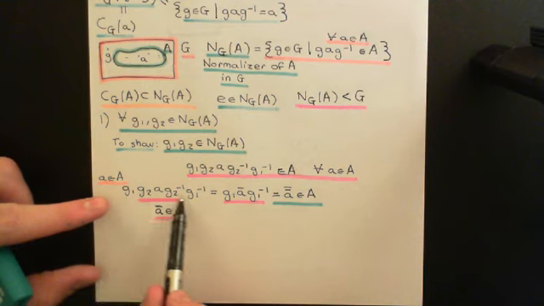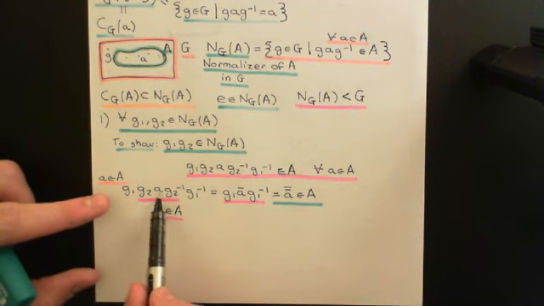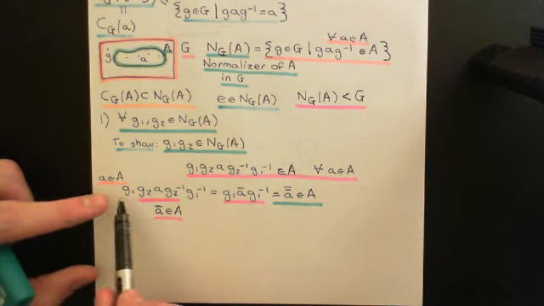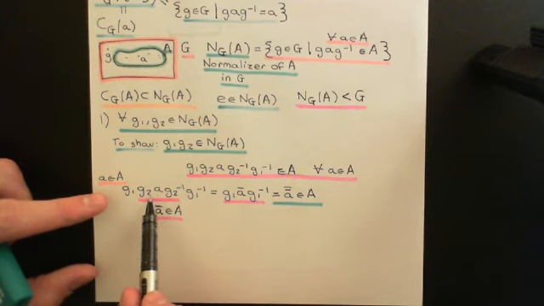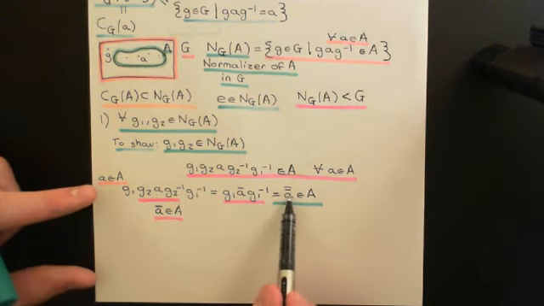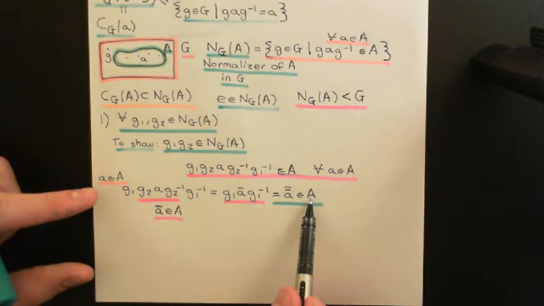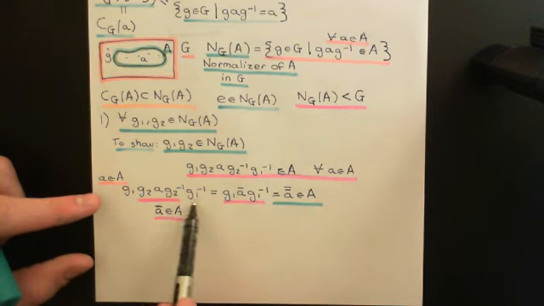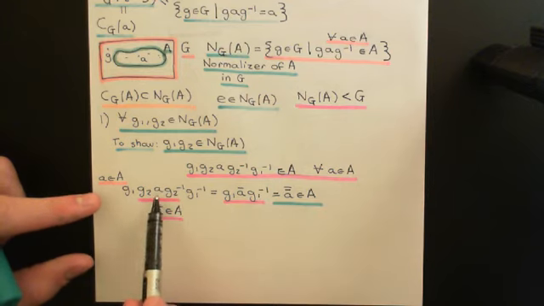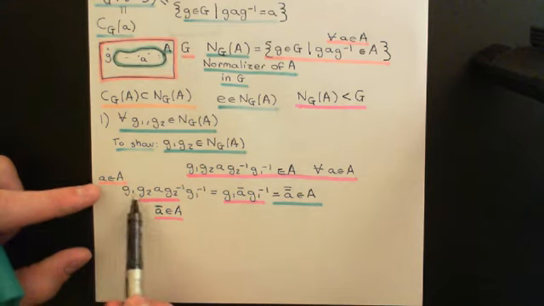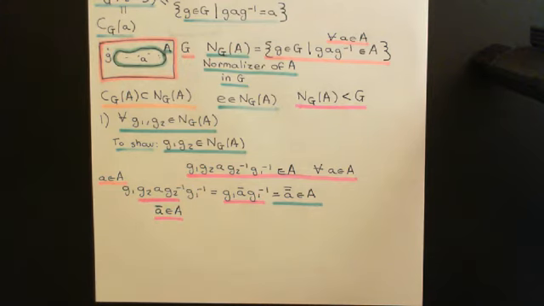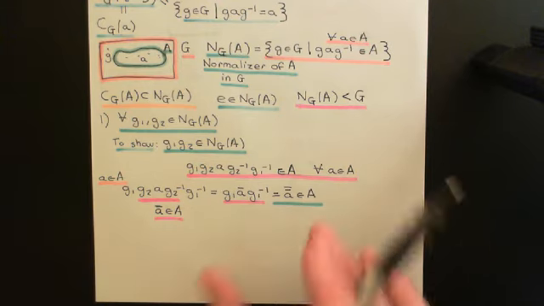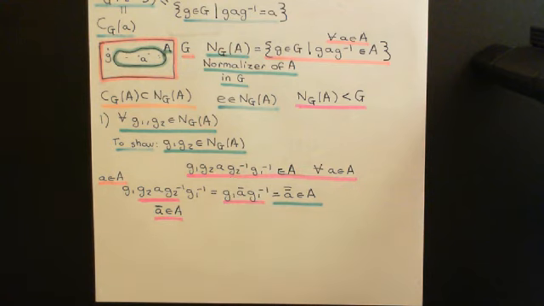So we've just taken g1 g2 A g2 inverse g1 inverse, the conjugate of A by g1 g2, and we've reduced it into this A double bar, which is an element of capital A. So I've just proven that the conjugate of this element little a from the set capital A by g1 composed with g2 is another element of the set capital A. That has done exactly what I needed to do.